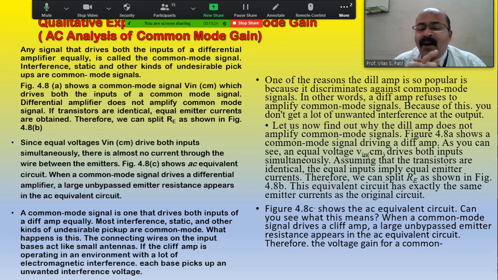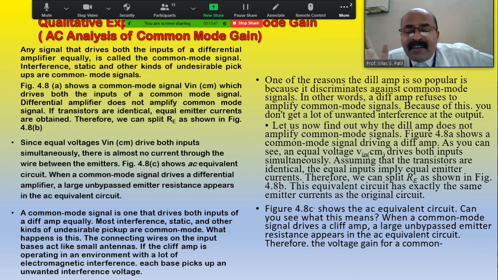Let us now find out why the differential amplifier does not amplify the common mode signal. Figure 4.8 shows the common mode signal driving the differential amplifier. As you can see, an equal voltage VCM drives both the inputs simultaneously.